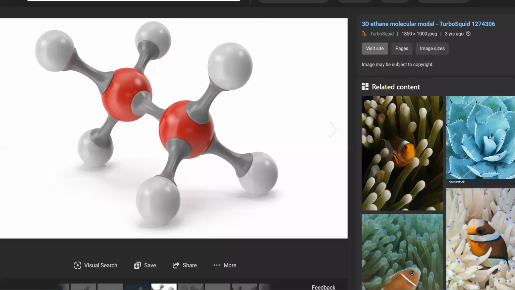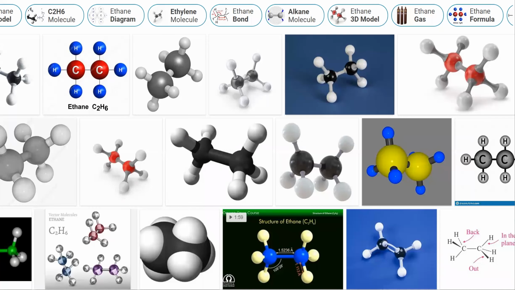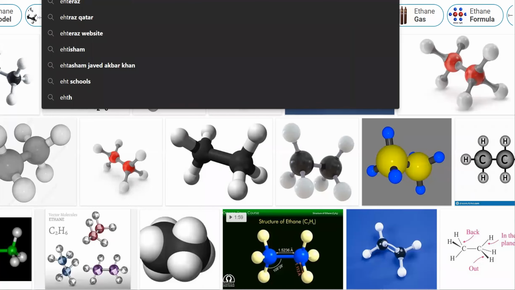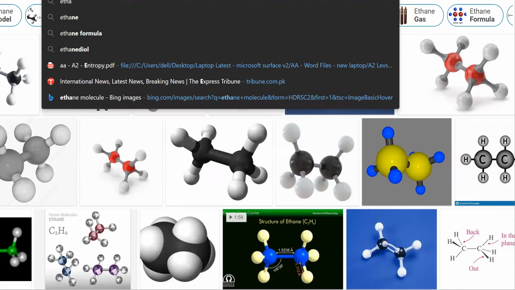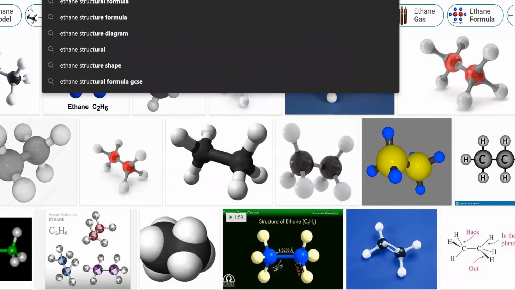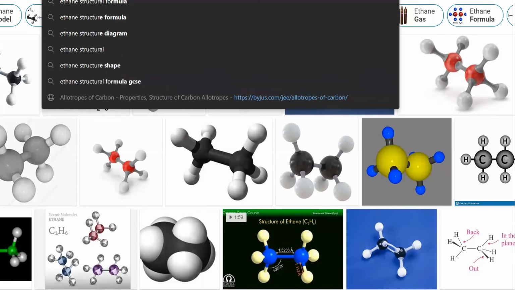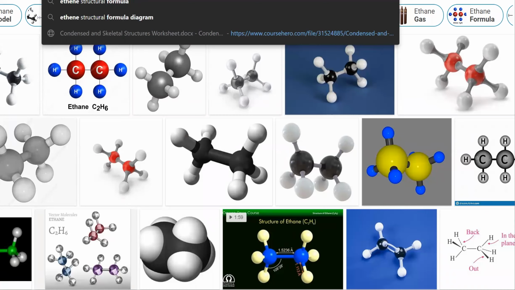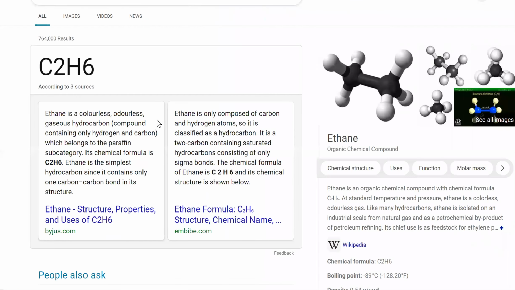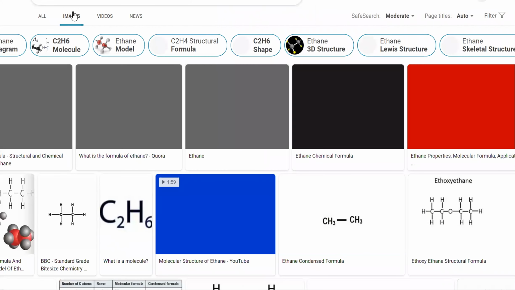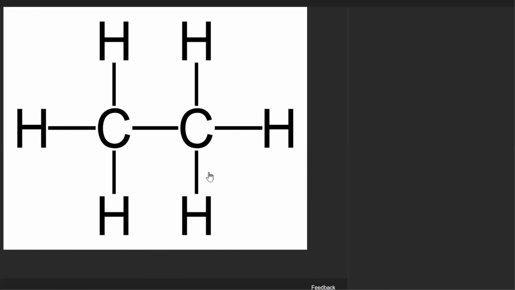Remember, it's a 3-dimensional molecule. But when you draw it, structural formulas don't give you the shape of the molecule. A structural formula does not give you the shape of the molecule.